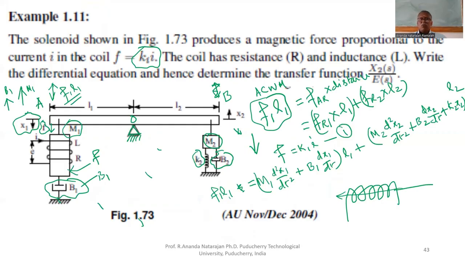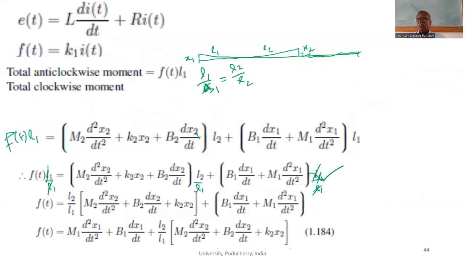But x1 should not be there. To find this transfer function, x1 is another variable. X1 must not be there. That's why we found this relation. Wherever you find x1, that can be replaced using L1 upon x1 equals L2 upon x2.